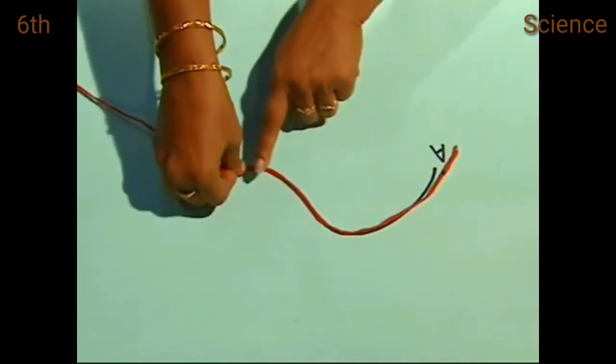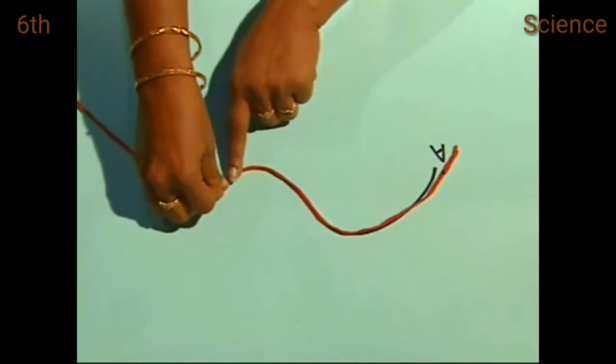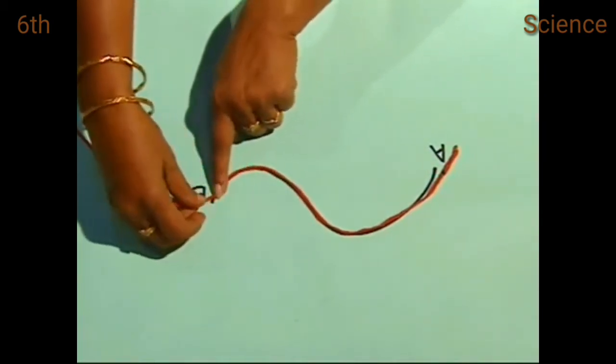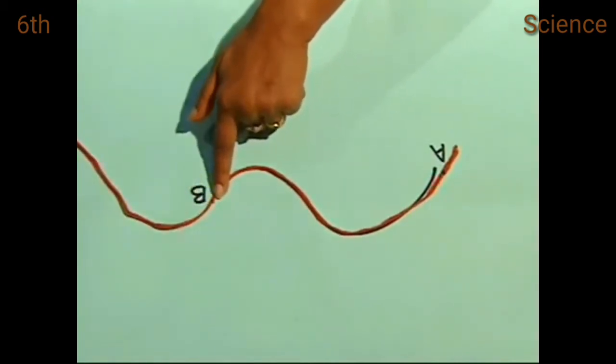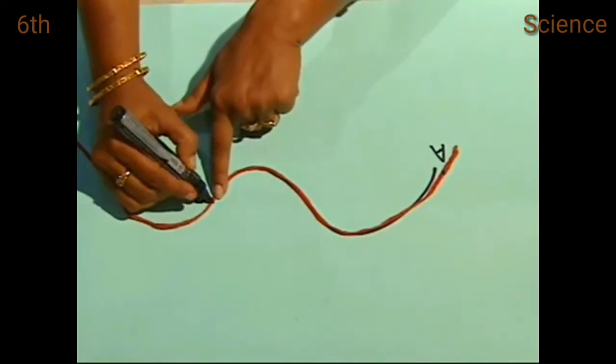See here, I am getting the end point B. See here, I got end point B. I am marking it here with a sketch pen.